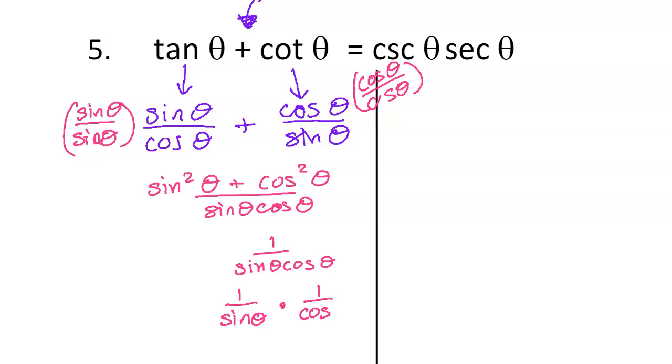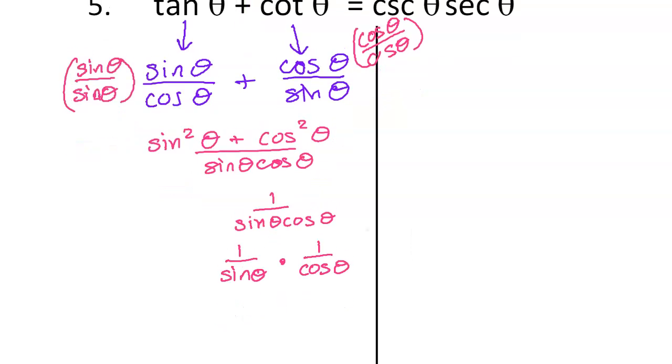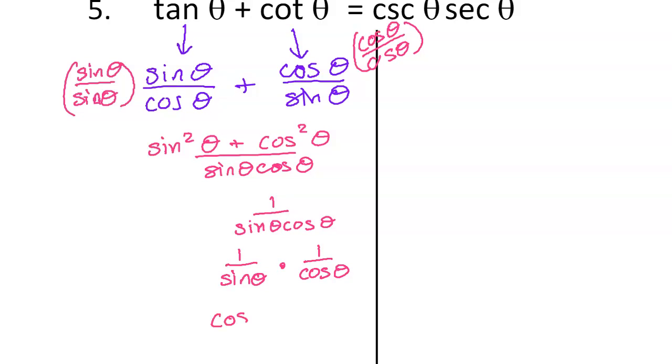Now it's more obvious. 1 over sine of theta is equivalent to cosecant of theta, and 1 over cosine of theta is equivalent to secant of theta, which, let's check, is exactly what I was trying to end up with.